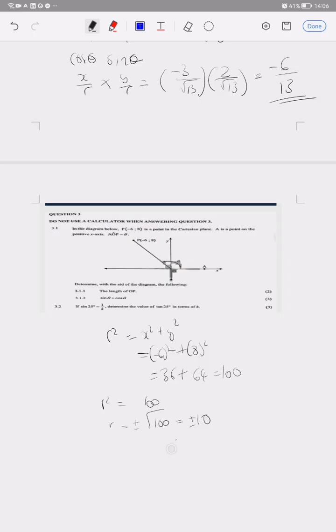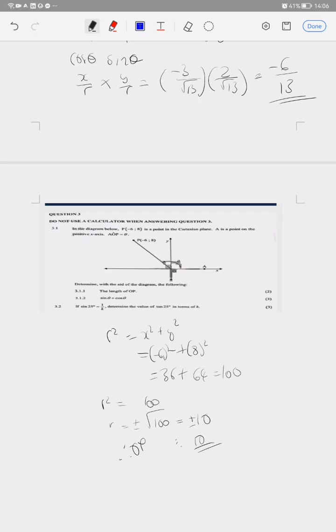Remember, r, the radius, is always positive, so it's just 10. We can then conclude OP is equal to 10 units.